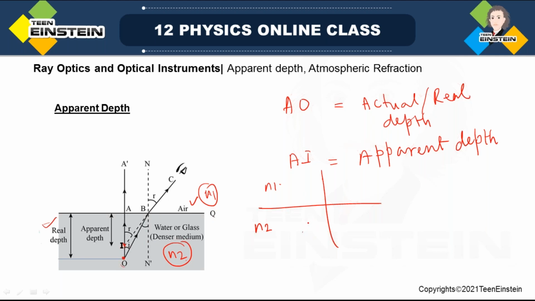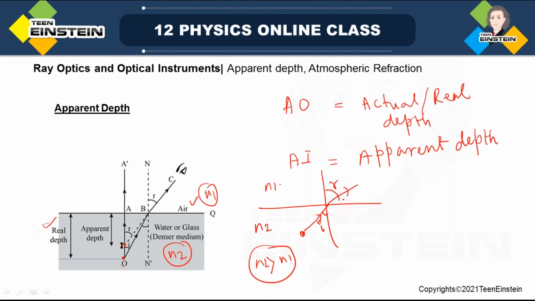Look, suppose I have an object over here, so a light ray is going here. This is the angle of incidence, and upon refraction at the interface, since it is going from denser medium to rarer medium, the ray will go away from the normal.